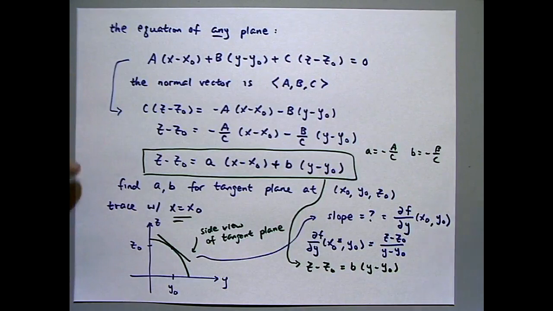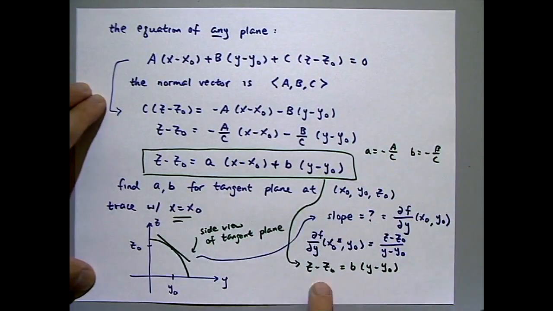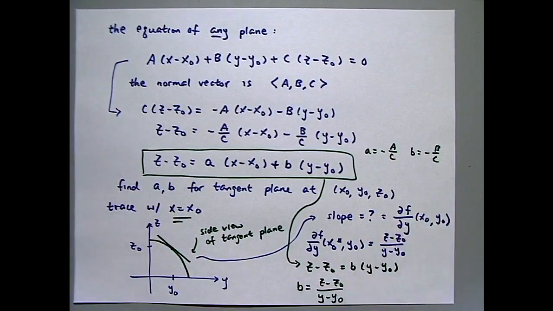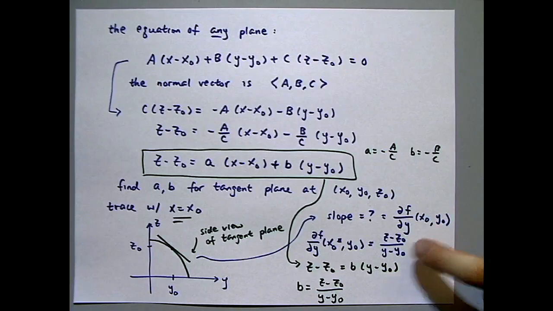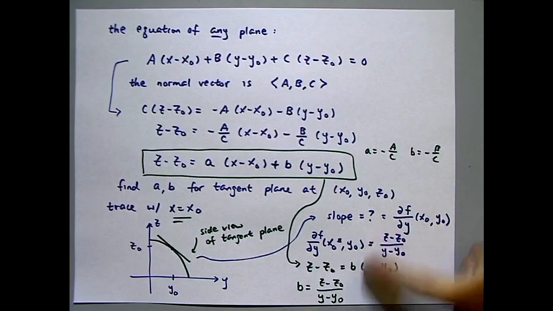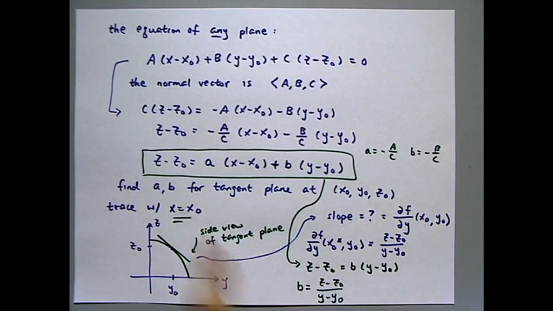All right? So look at this equation here. Now with x equal to x0, this disappears. So I get this equation here. If I solve for b by dividing by y minus y0, and then compare to what we knew from earlier just by looking at the slope, this tells us that b in the equation of the tangent plane is equal to the partial derivative with respect to y at that point that we chose.